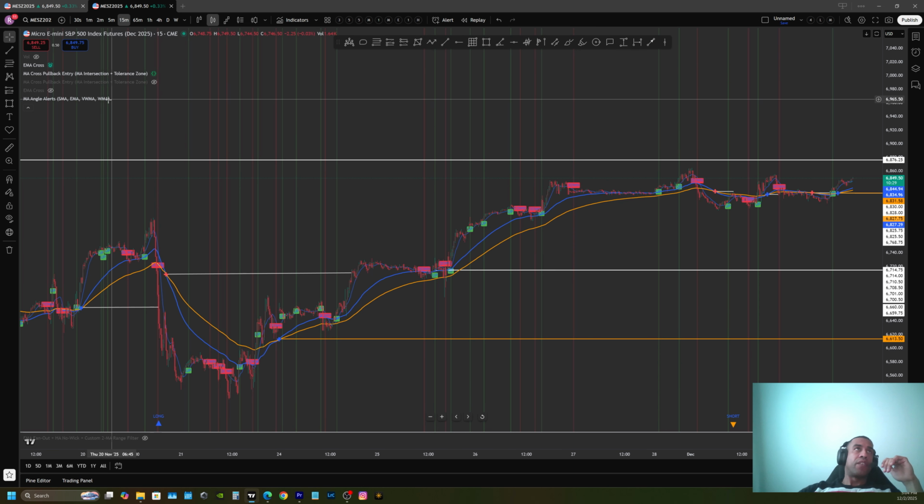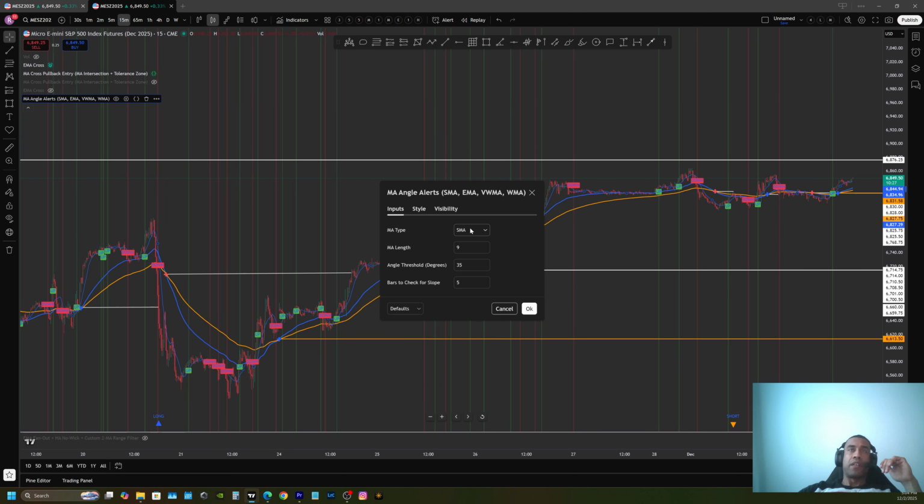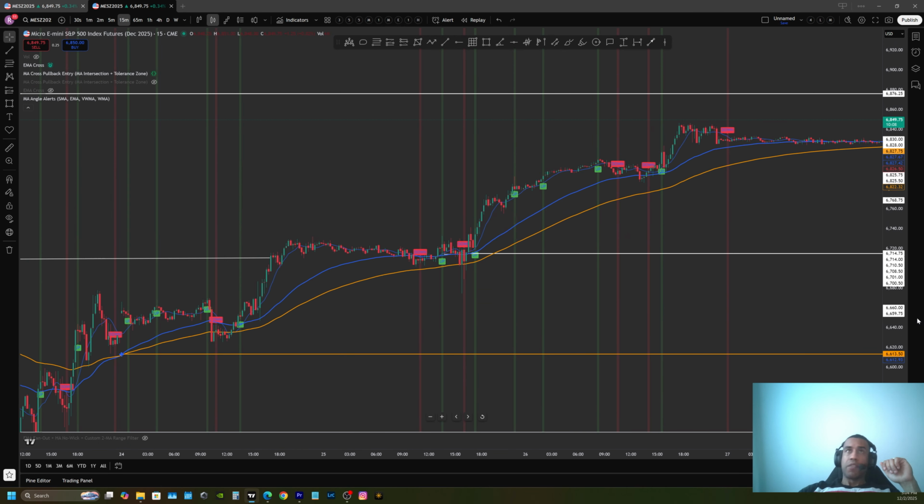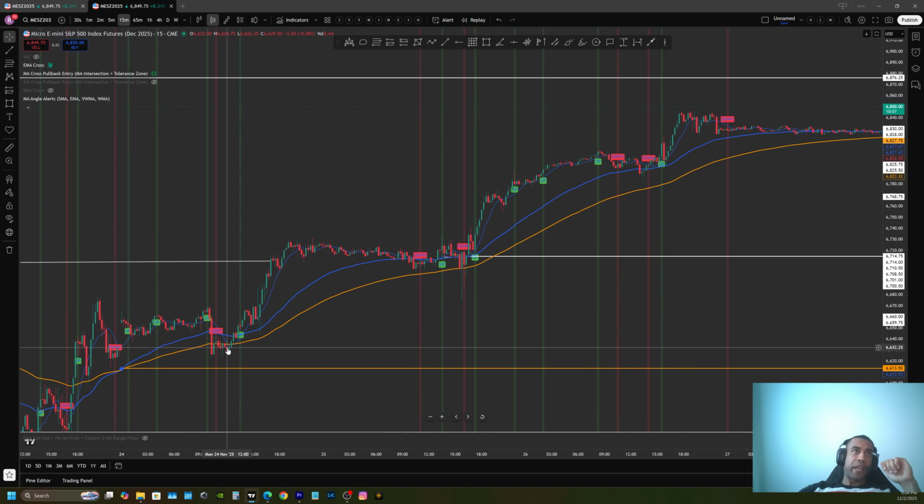So right now the default settings are SMA 9, 35 degrees, and it looks back 5 bars to measure the slope of the moving average. Anyway, so you can see over here, it started to angle up, and it gave you the signal. Boom. Started to angle down, and it gave you the signal to go down.